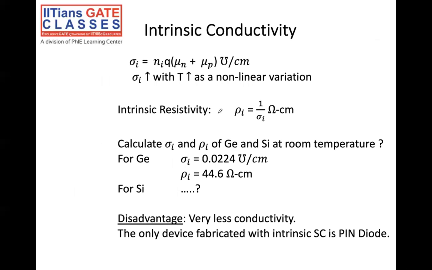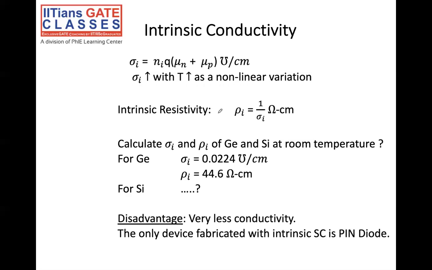Now, intrinsic conductivity. We know the conductivity is equal to the product of carrier concentration and charge on the carrier and the mobility of the carrier. But in intrinsic semiconductor, we have electron and holes. And in intrinsic semiconductor, electron and holes are equal, and which is equal to Ni.